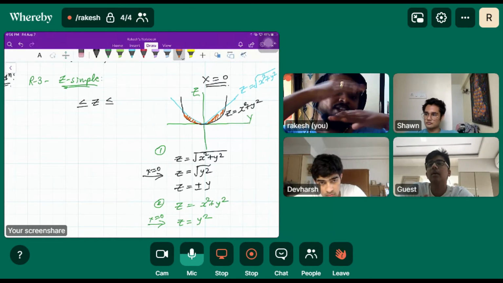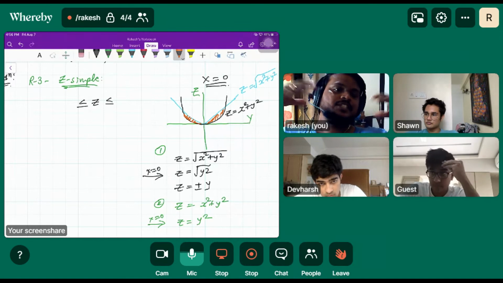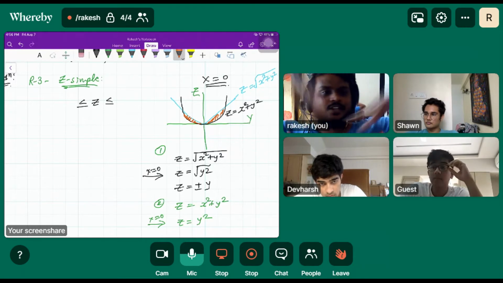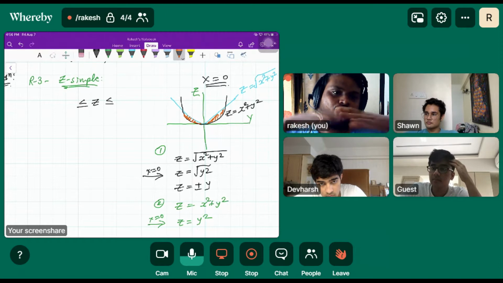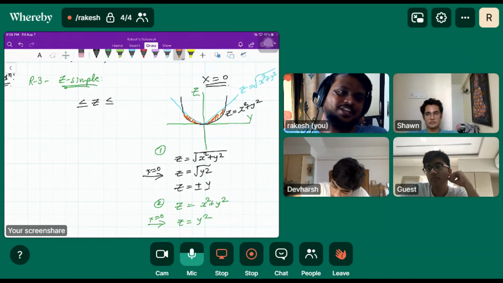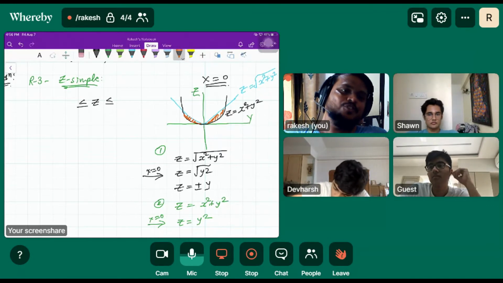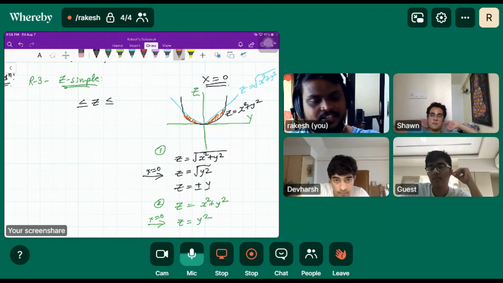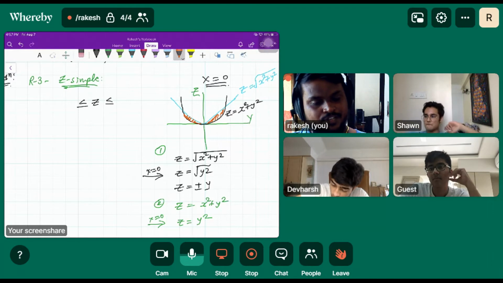If suppose the surfaces are not intersecting, one is going upward, the other one is going downward, one going skyward, the other going earthward, so they are not intersecting. How would you find out the volume or mass or anything else? They have to intersect. Got it. So if they are intersecting, then we can find out.